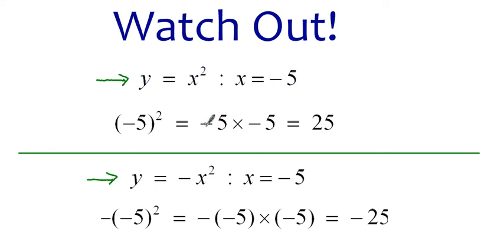And since a negative times a negative is positive, the answer is positive 25. In the second problem, we're essentially doing the same math, but we're taking the opposite of that answer. Same problem, negative times negative is positive, but we're taking the opposite. So the final answer is negative 25, exactly the opposite of what we got up here. Be careful.